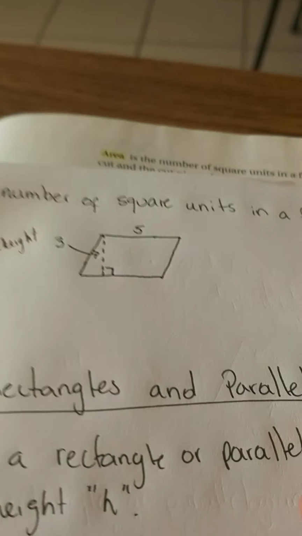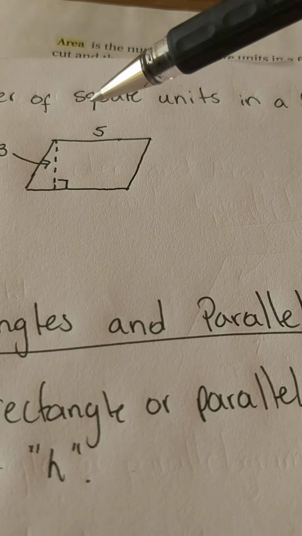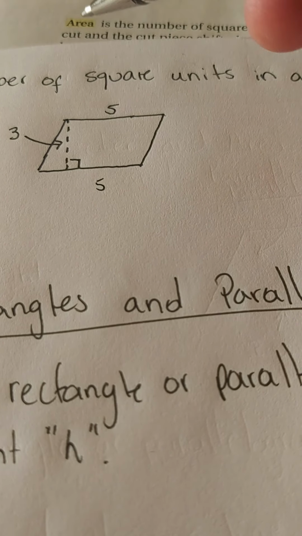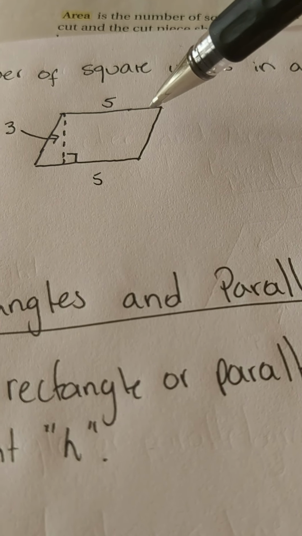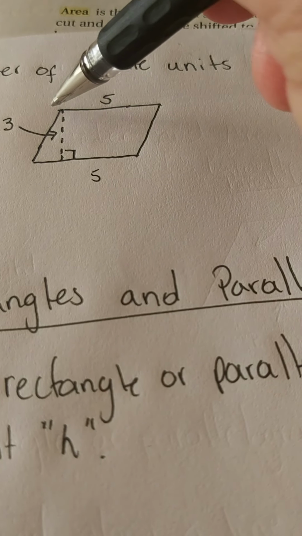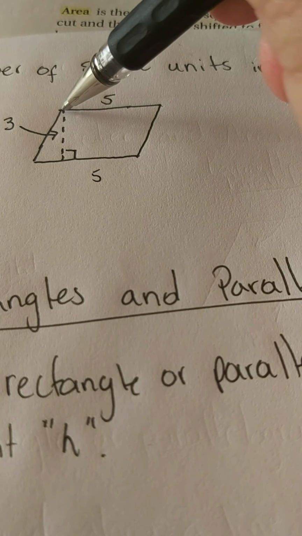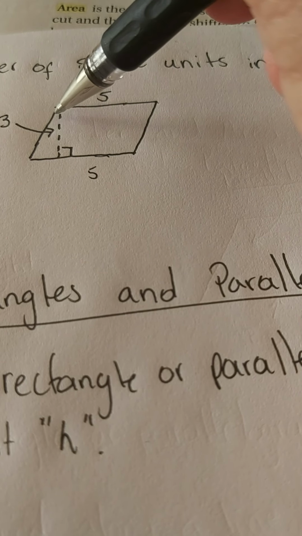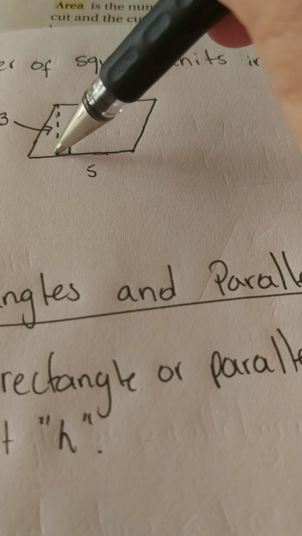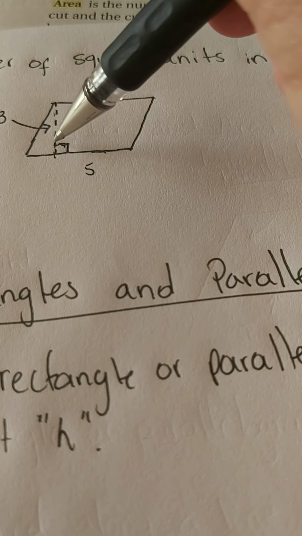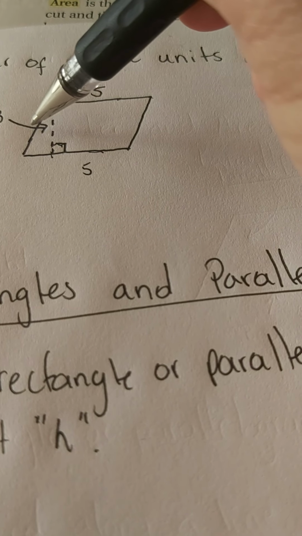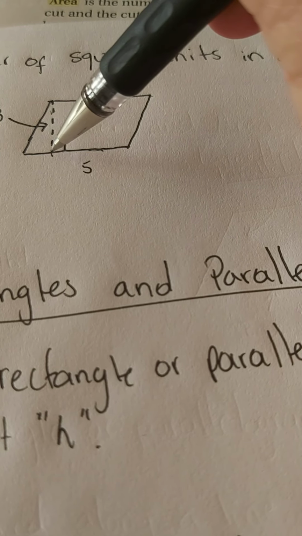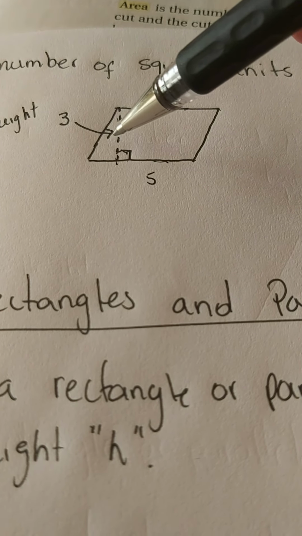Now, for parallelograms, if this is 5, this is also 5. Now notice, we don't know this measure. But we know that if this is the base, if we draw a perpendicular line to the base, look, this is perpendicular, this will be our height, and it's telling us that this measures 3.